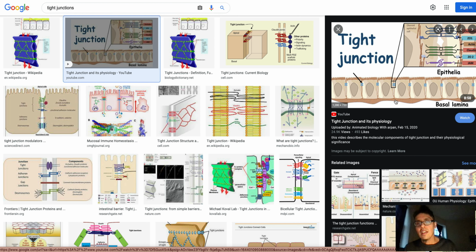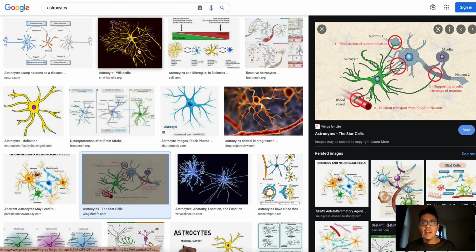But either way, the tight junction formation is at a higher level stimulated by your astrocytes, right? So your astrocytes essentially connect to your blood vessels, and your astrocytes have many different important functions.